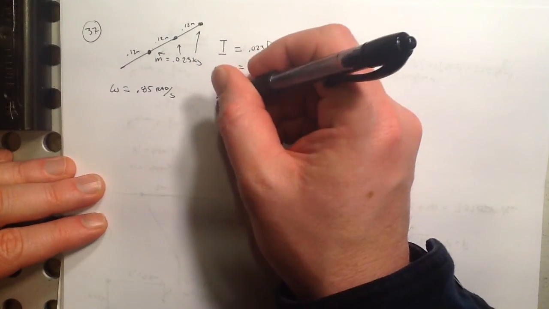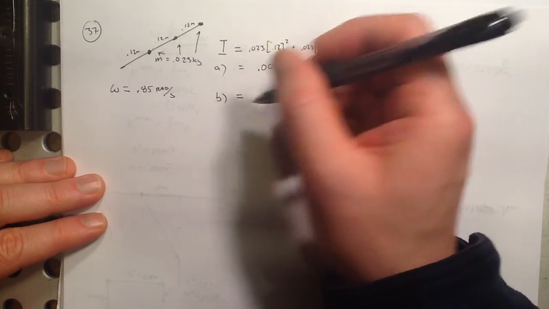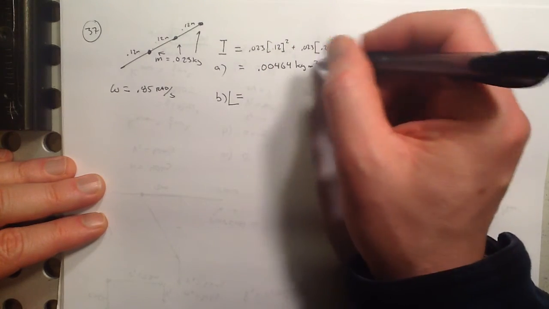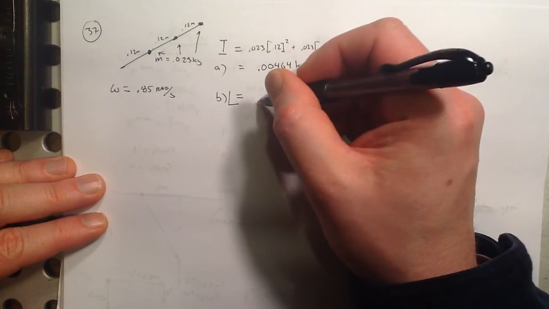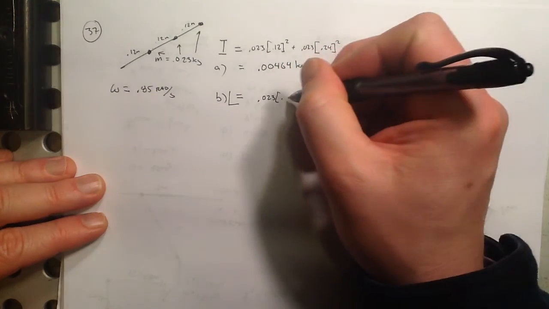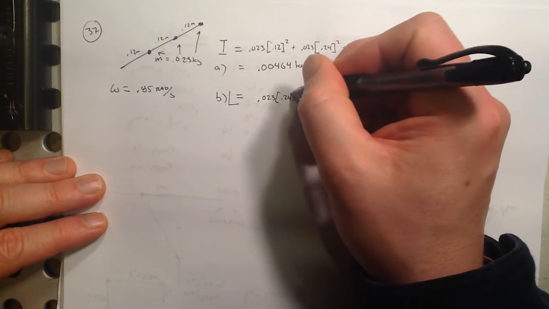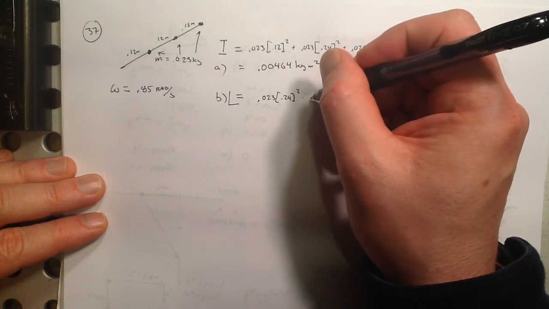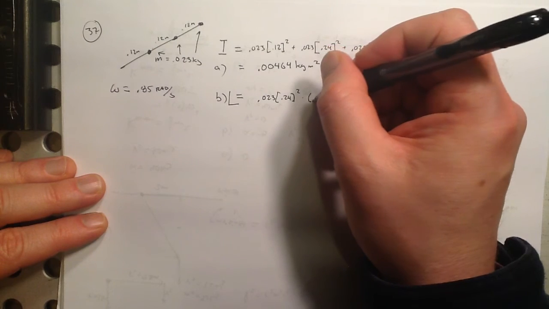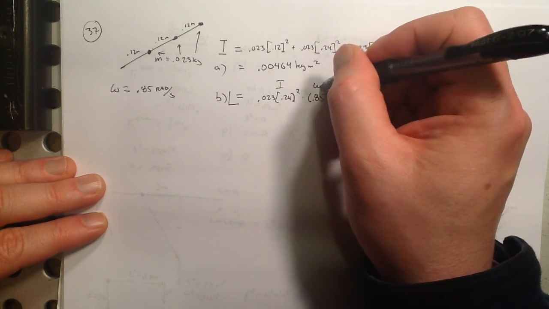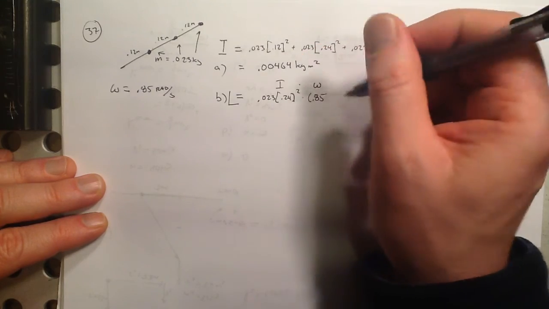So for the middle particle, the angular momentum would be its I times omega. I should write here, I times omega, not squared, sorry, I omega.